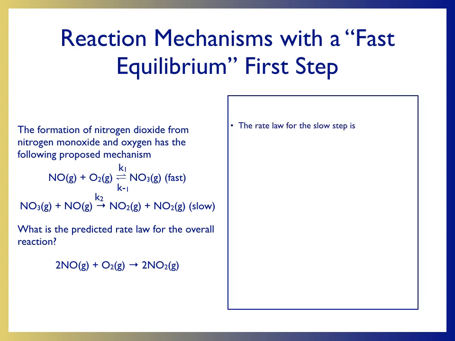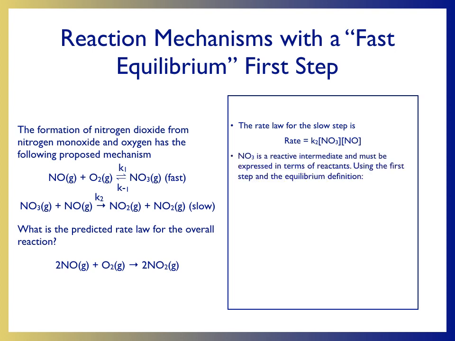Once again, we note that the slow step will always determine the rate law for the reaction. The rate law for the slow step is rate is equal to K2 times the concentration of NO3 times the concentration of NO. We note that NO3 is a reactive intermediate, and therefore we cannot have this NO3 in our overall rate law.